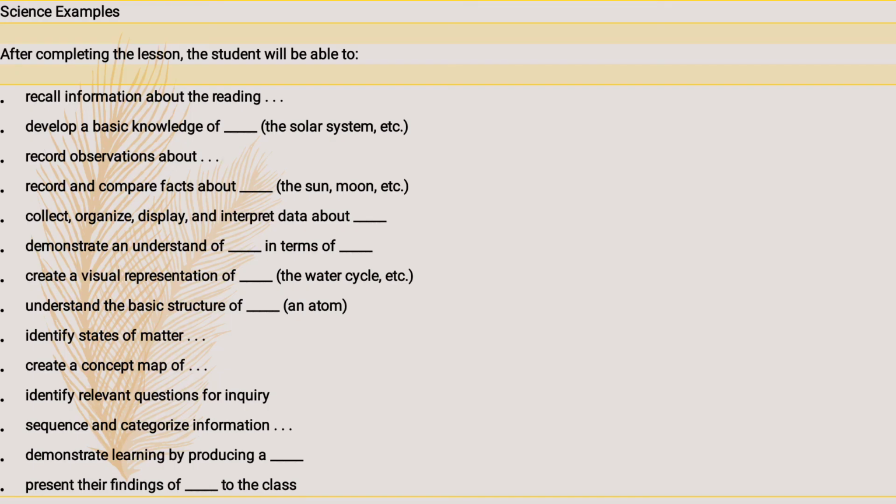And here there are some science biology examples given, namely: recall the information about reading about cells, develop a basic knowledge of cells, record the observations about plant cell structure, record and compare the facts about plant cell and animal cell, collect, organize, display and interpret the data about cell organelles, demonstrate the functions of a cell organelle.